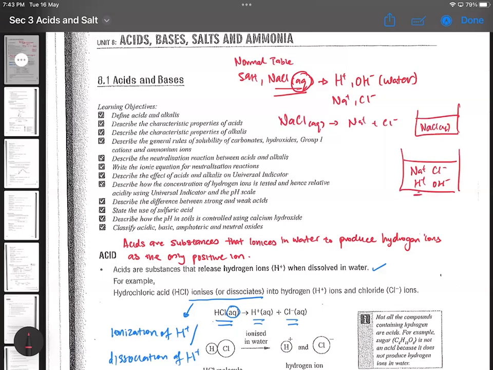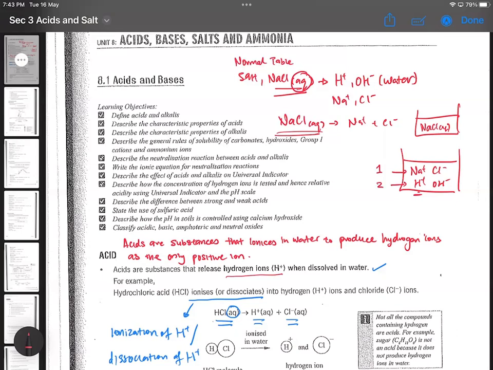When we define acid, we say that they are substances that produce H plus when dissolved in water. So this normal sodium chloride salt also produces H plus in water, but is it considered an acid? The answer is no, because it has two positive ions. Positive ion 1, which is sodium. Positive ion 2, which is hydrogen.